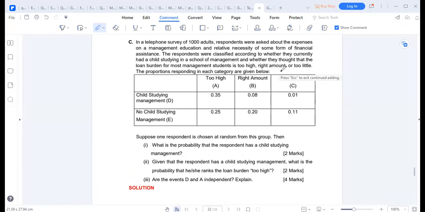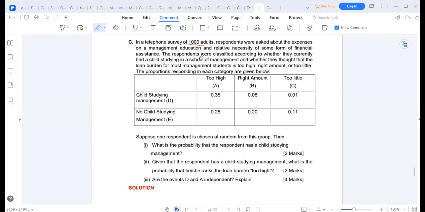We are given a telephone survey of 1,000 adults. These 1,000 adults were asked about their expenses on management education and relative necessity in form of financial assistance.